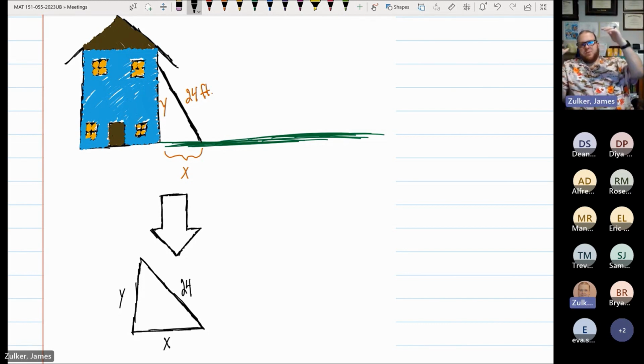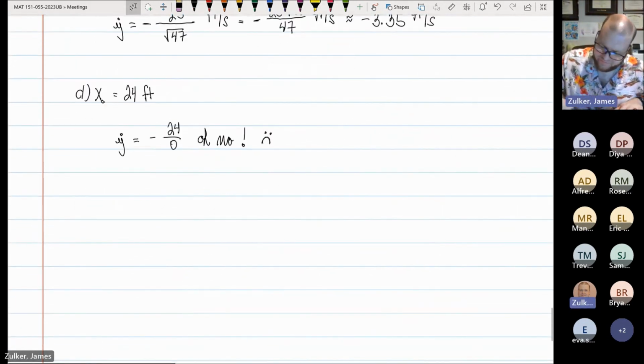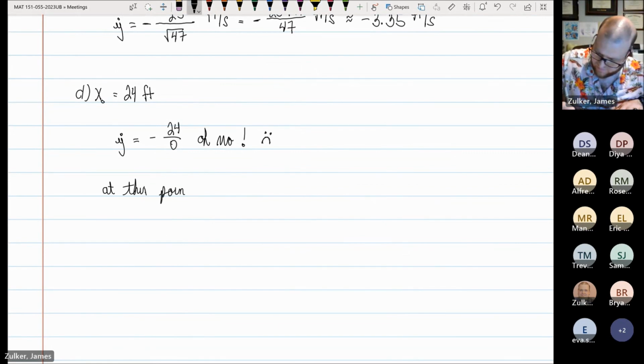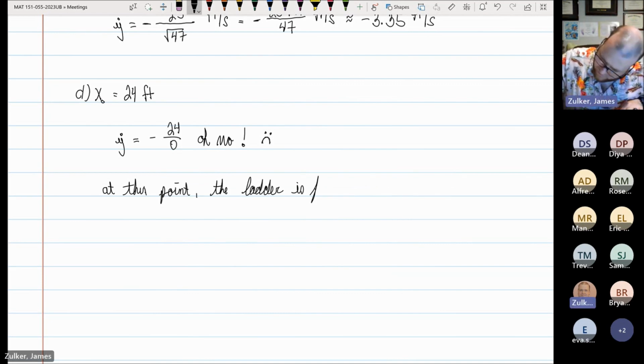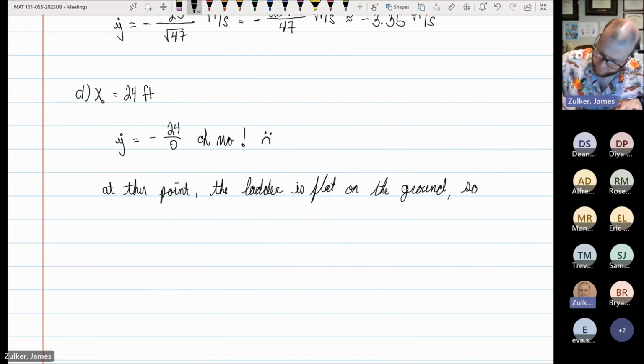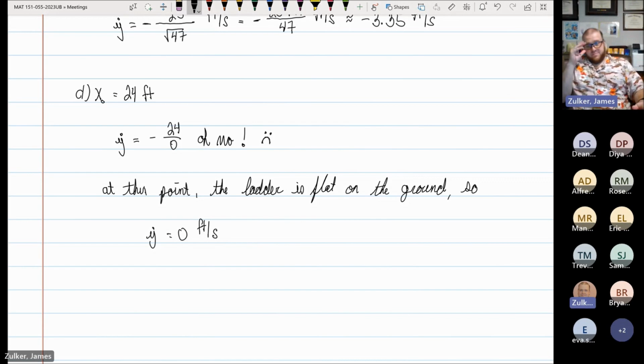So we're no longer sliding down, right? We're already on the ground. So it has no velocity sliding down.